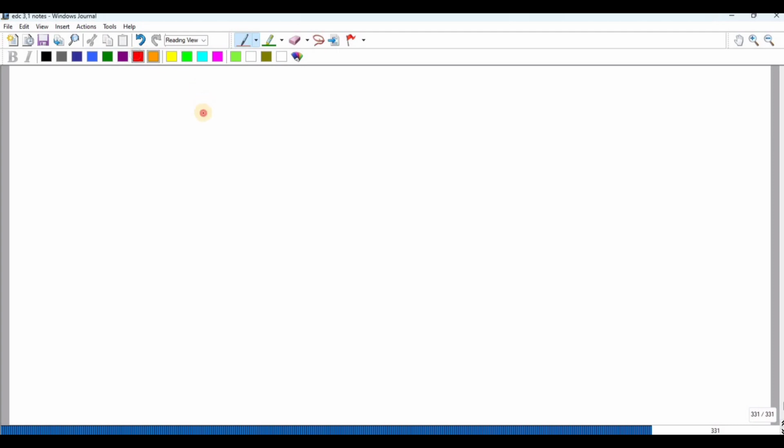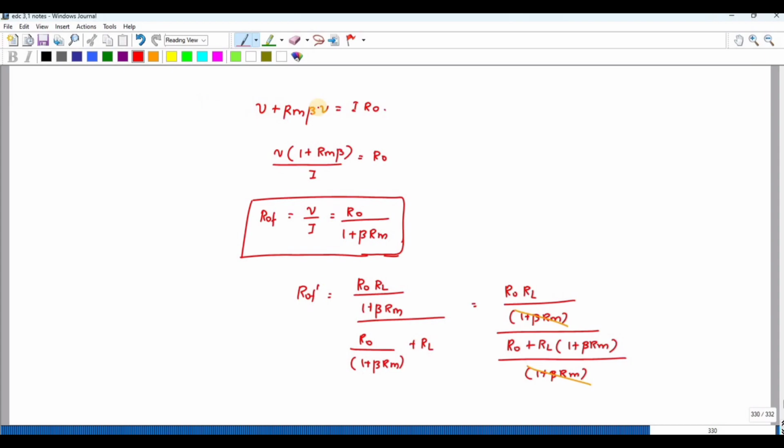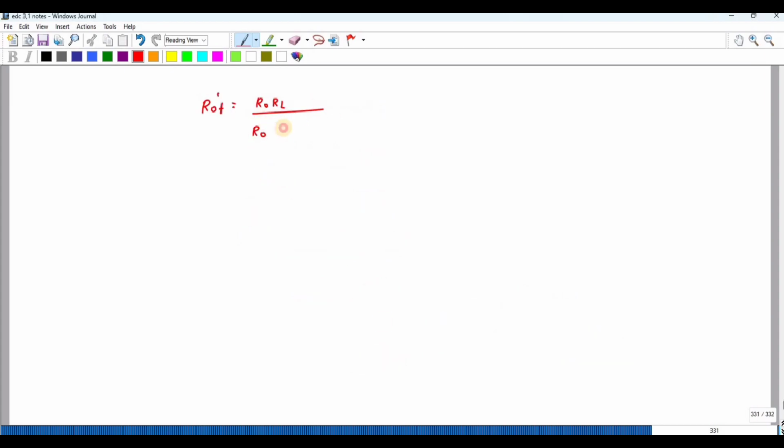And you can write R naught F bar is equal to R naught RL divided by R naught plus RL into 1 plus beta Rm. So this I can write as R naught RL divided by R naught plus RL, you multiply, bring the RL inside, so you will get beta Rm.